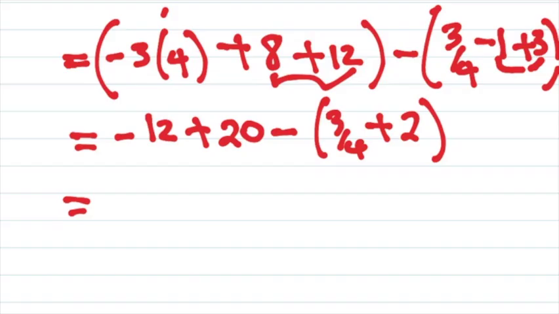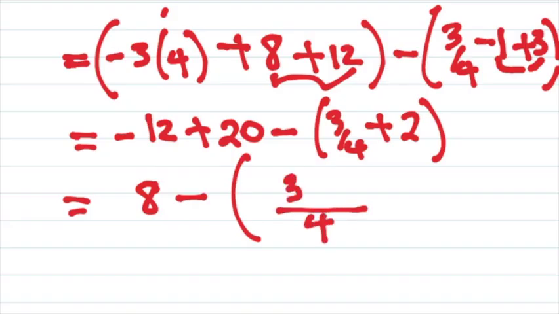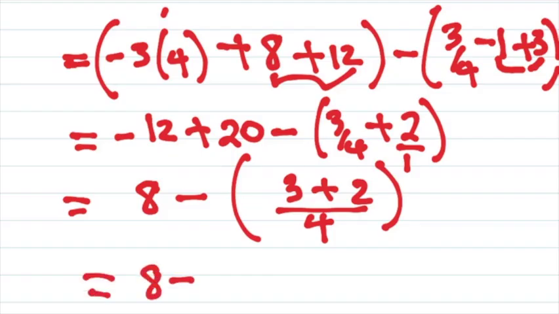This is 8 minus, now you get the LCM here. The LCM is 4. You have 3 plus 1 over 4 times 2, you get 2. So that is 8 minus 5 over 4.